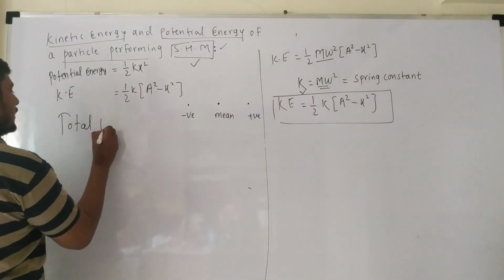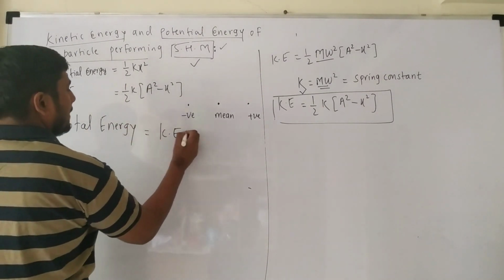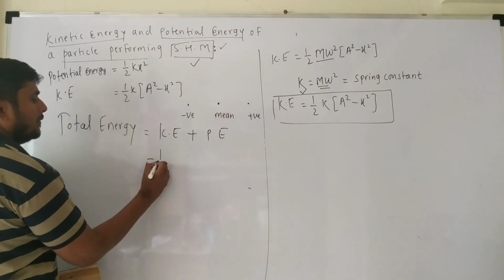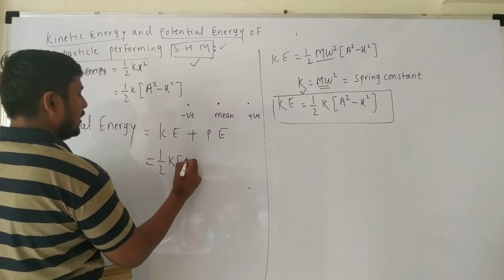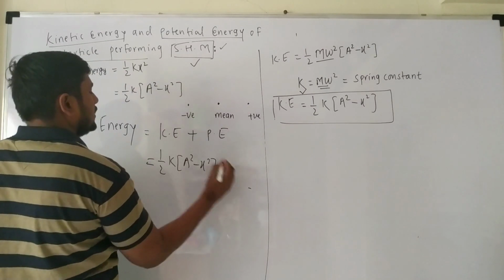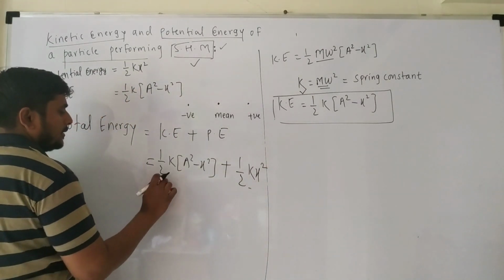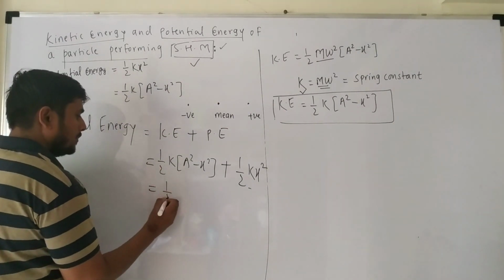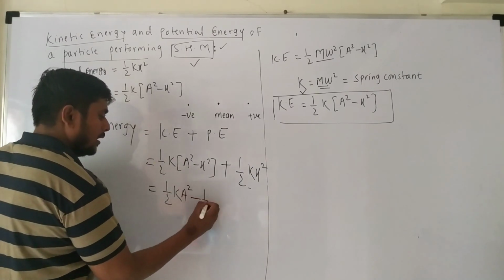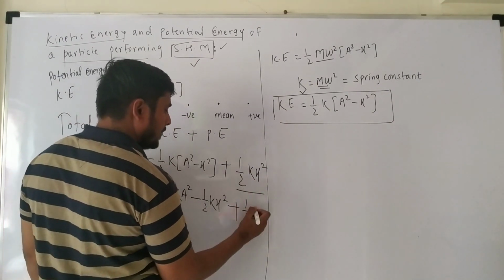So the value of total energy, we know that total energy is equal to kinetic energy plus potential energy, right? So what is the kinetic energy? The kinetic energy formula here we have is 1 by 2k (a square minus x square) plus potential energy 1 by 2k x square. So what to do? Just simplify this bracket, multiply this 1 by 2k inside. So 1 by 2k a square minus 1 by 2k x square, right, plus the remaining 1 by 2k x square term will be as it is.